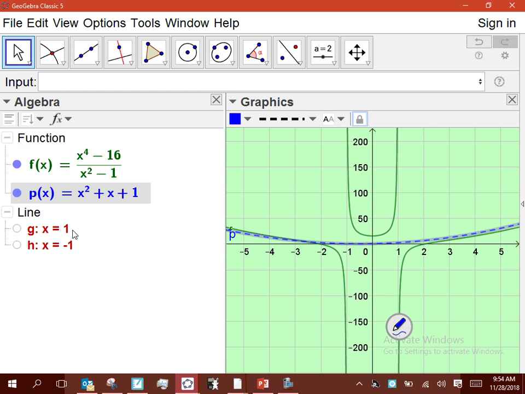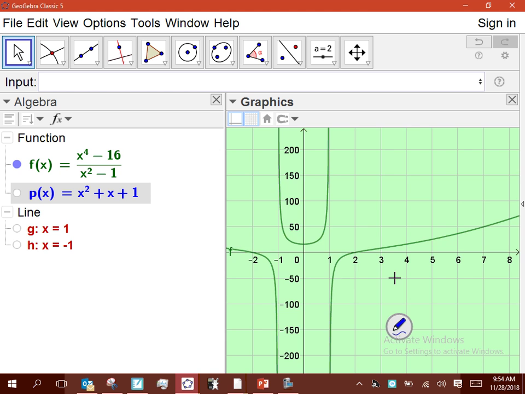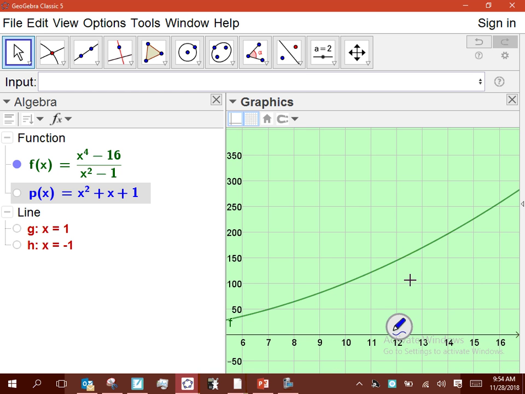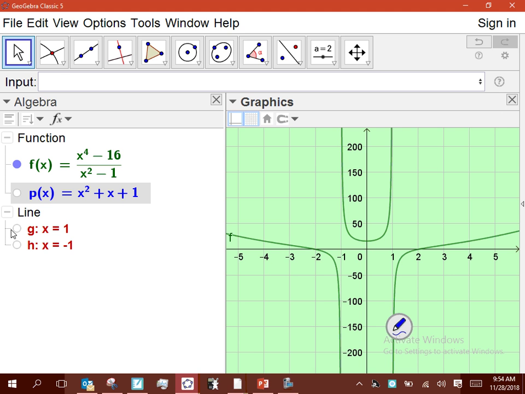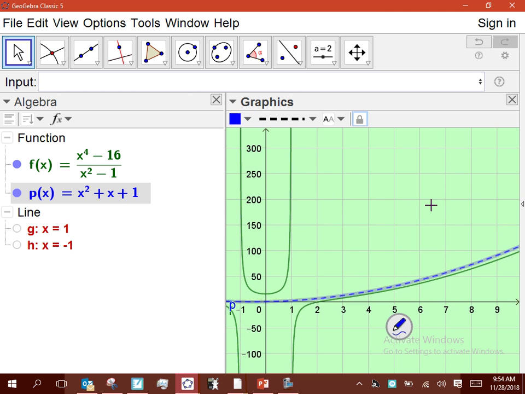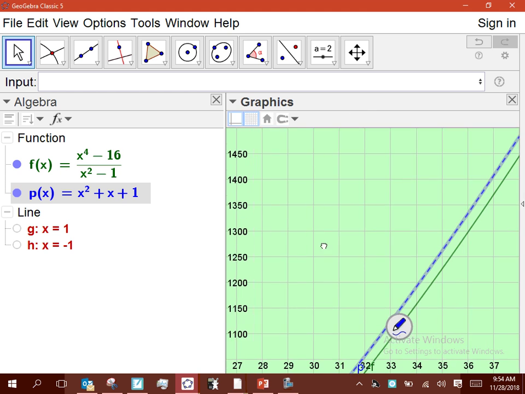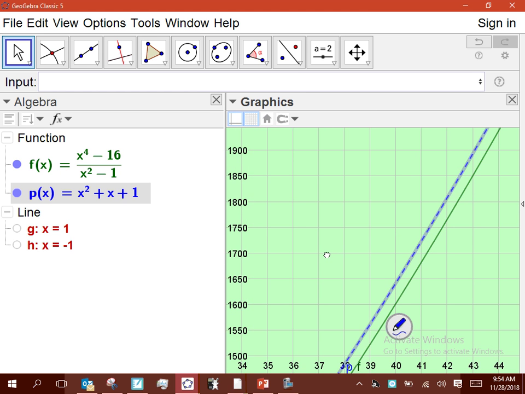Look at this green curve. Do you see as it moves to the right, it starts to increase to infinity, but it's increasing to infinity following the behavior of that asymptote, right? Does that make sense to everybody?